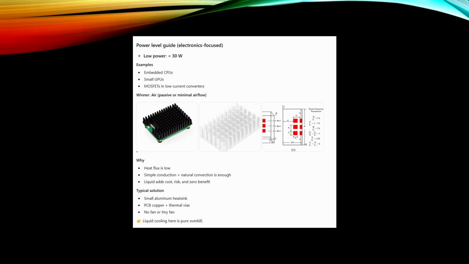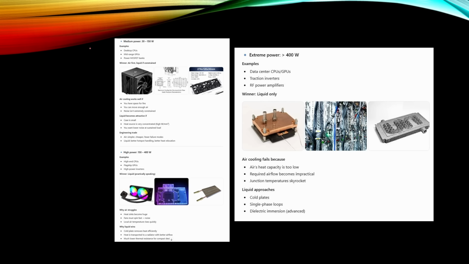In this case, liquid means additional costs and leakage risk also. If the power of your unit is, let's say, from 30 to 150 watts, then you can use air cooling as a first alternative, especially if you have enough space to add fins or a fan.